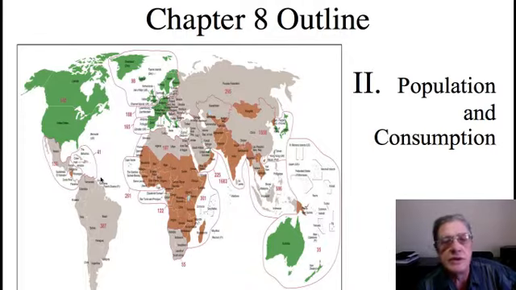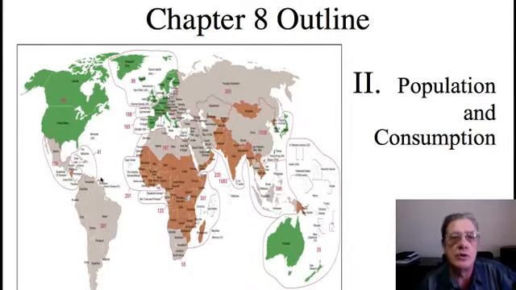Already we see tremendous variations in terms of the relative wealth, prosperity, and quality of life between people in one part of the world and other parts of the world. For instance, this graph shows a rough classification of the world's countries based on their economic development.